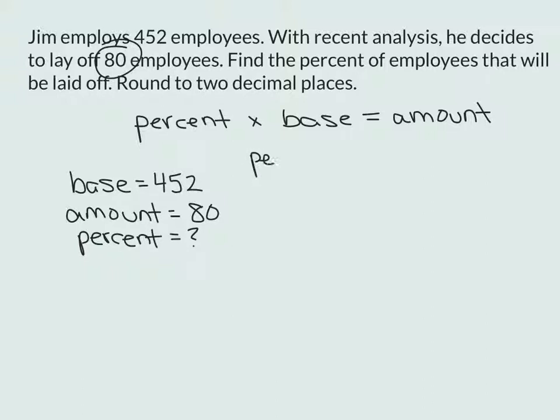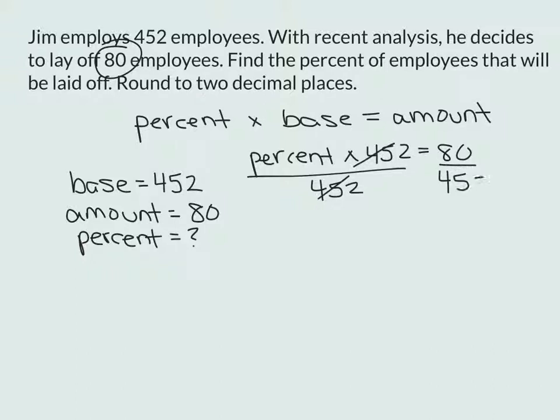So percent times 452 equals 80. We'll divide both sides by 452 to get the percent by itself. So we have the percent equals 80 divided by 452.